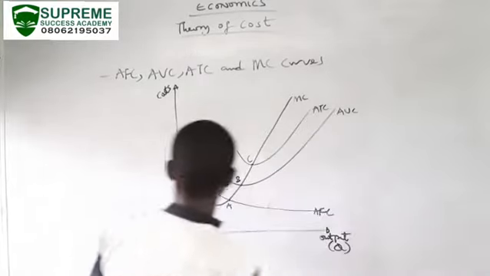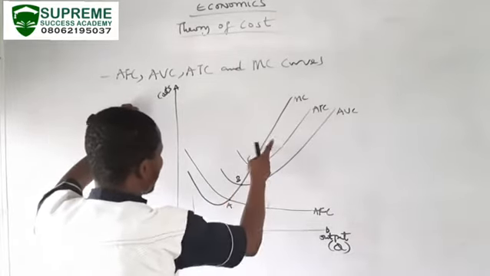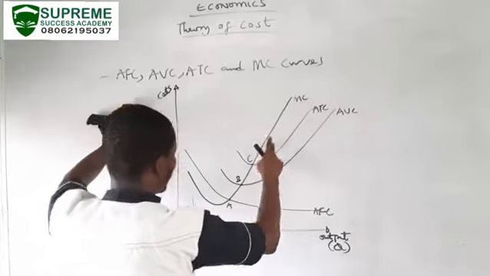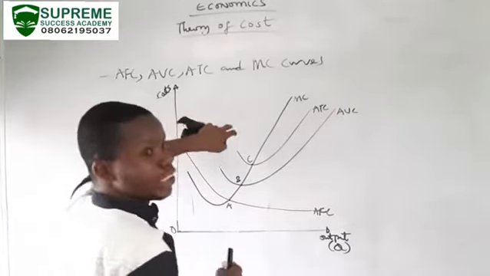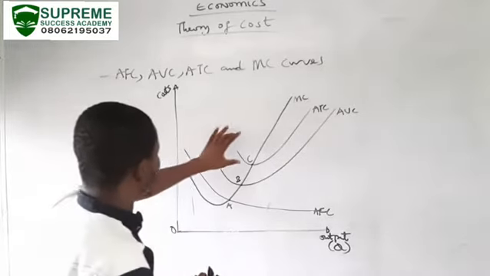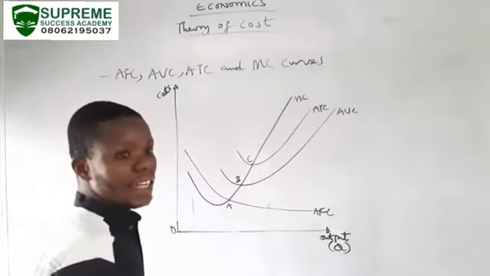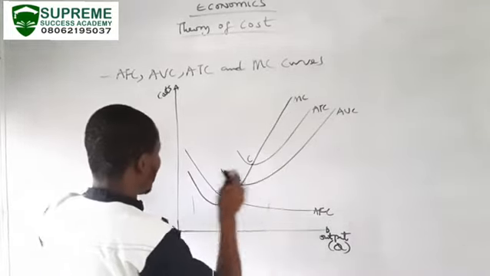Also in the diagram, you can see that the marginal cost curve, the average total cost curve, and average variable cost curve are all U-shaped. The reason they are U-shaped is the law of diminishing returns to variable proportion.